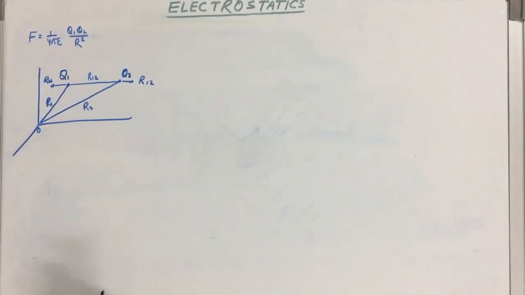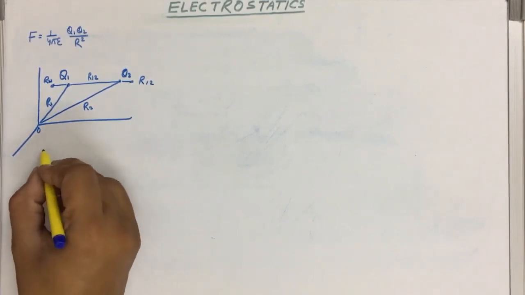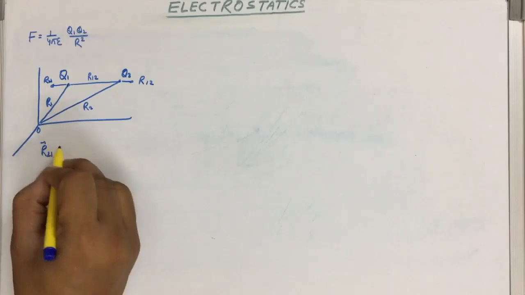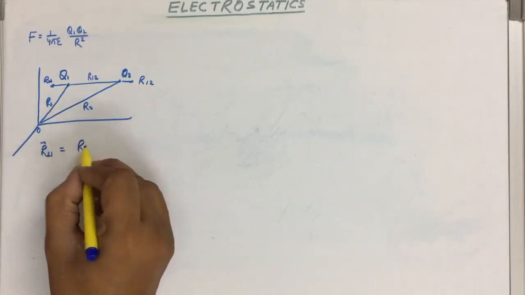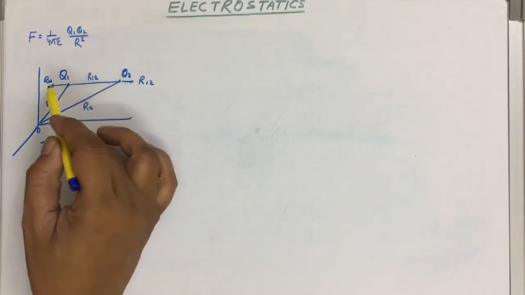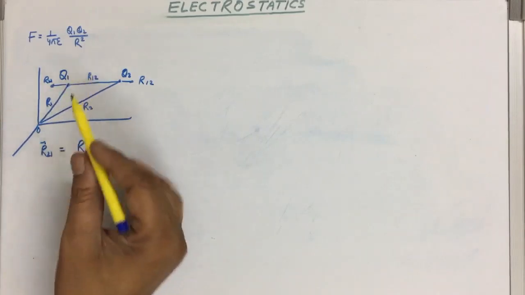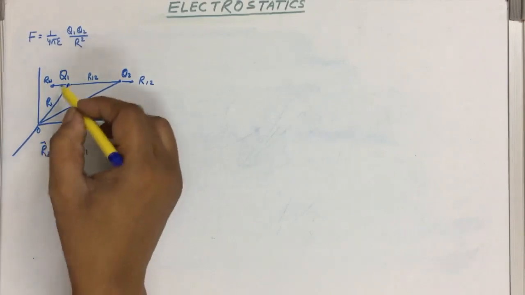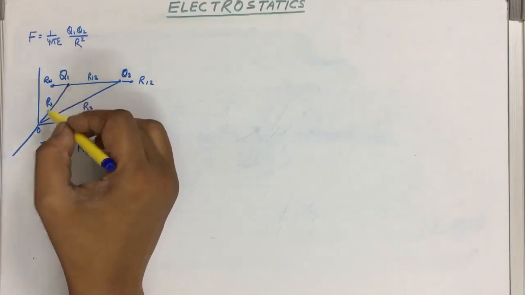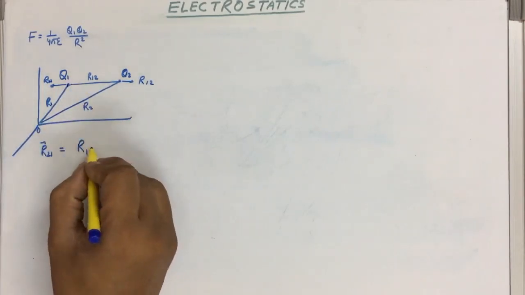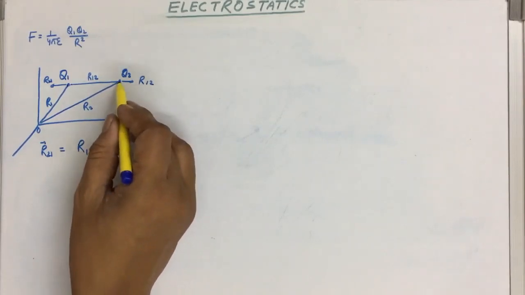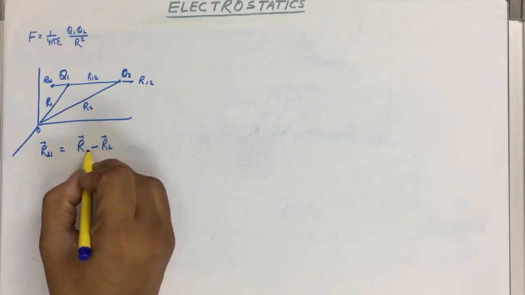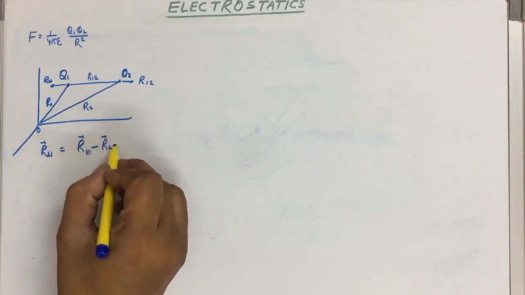Now, if we define the position vector, any position vector can be defined as final position minus initial position. R21 means the final position is R1 minus the initial position R2, with respect to origin.